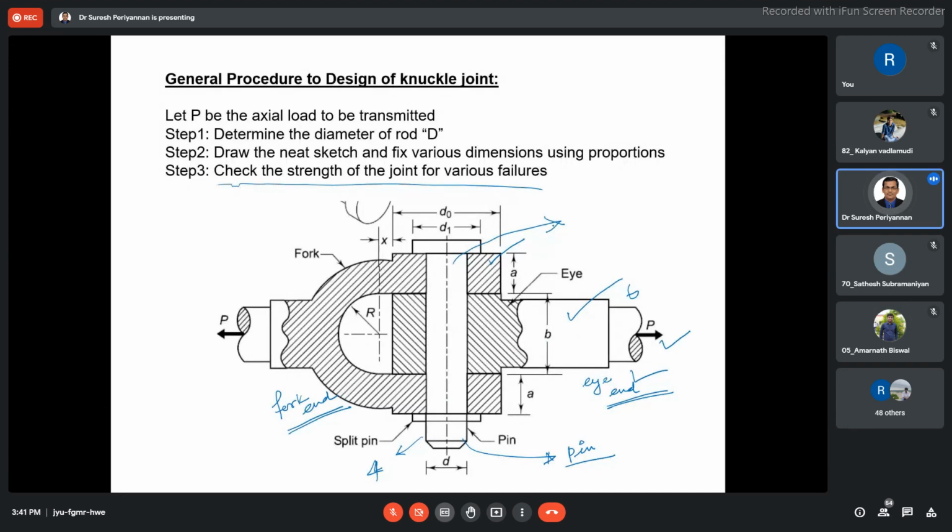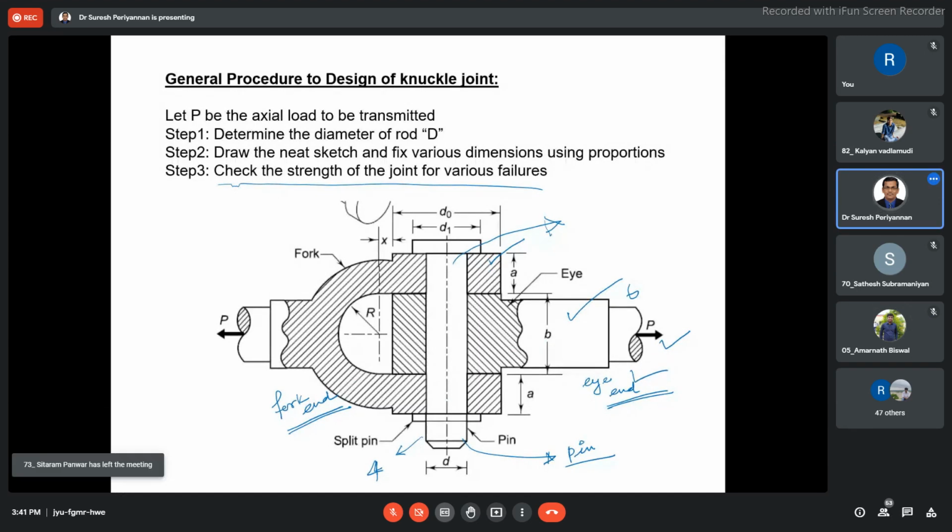Hence we can provide less factor of safety for the pin. Even if failure occurs, we can easily replace the component at less cost, and the design is not complicated. We can easily make it, dismantle and assemble it.